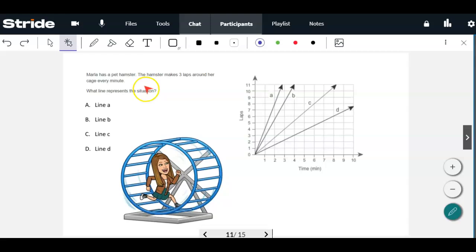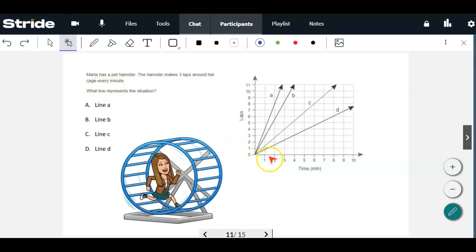So Marla has a pet hamster. The hamster makes 3 laps around her cage every minute. What line represents the situation? So you got 4 different lines here. All right, so the hamster makes 3 laps around her cage every minute.